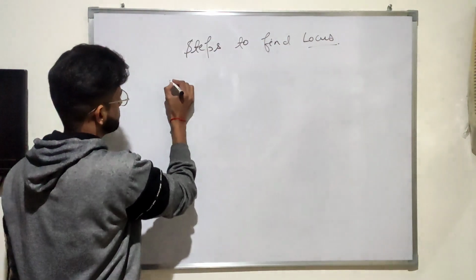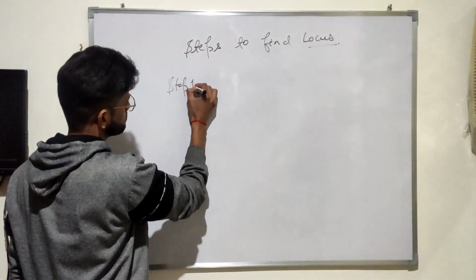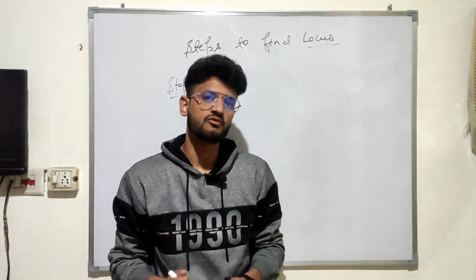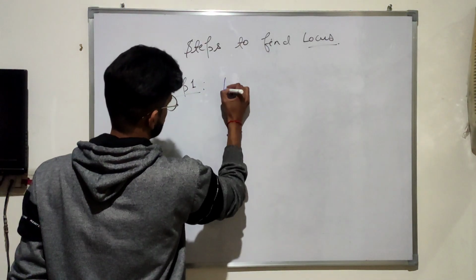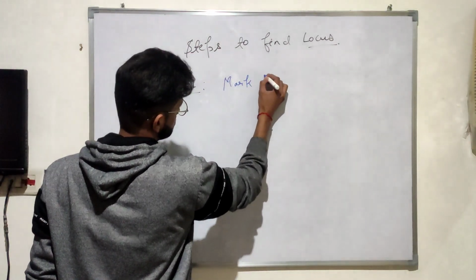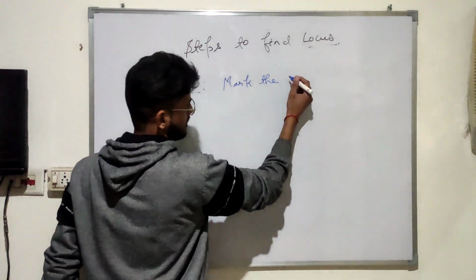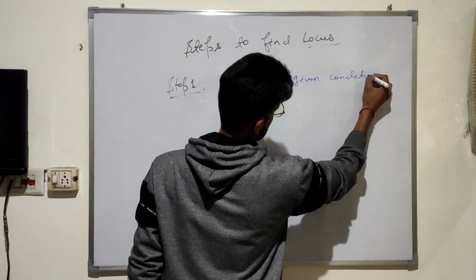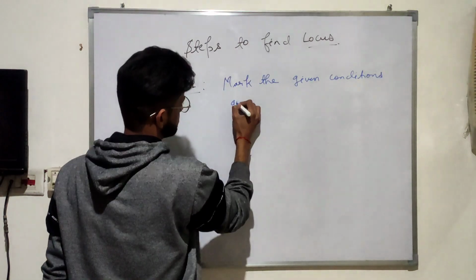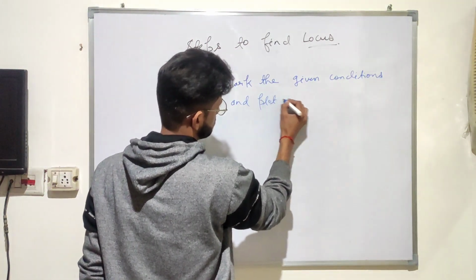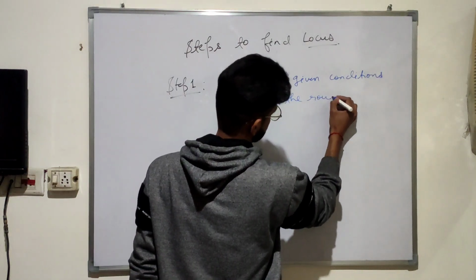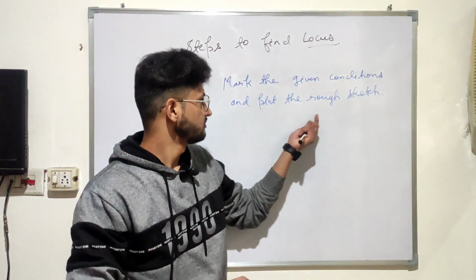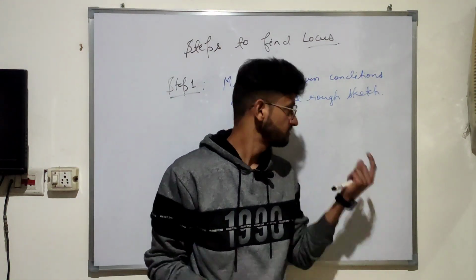Step number 1: we will interpret the question and try to understand what the problem wants to say to us. We will mark the given conditions and plot a rough sketch.